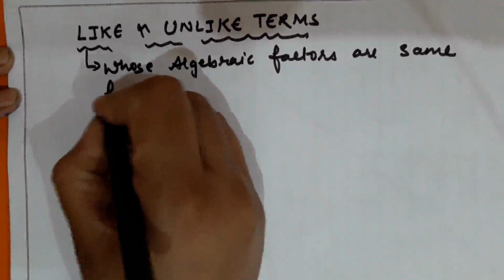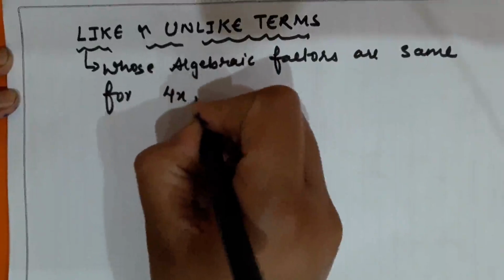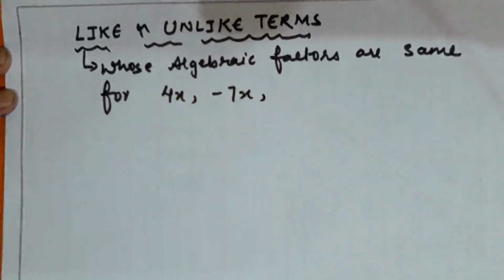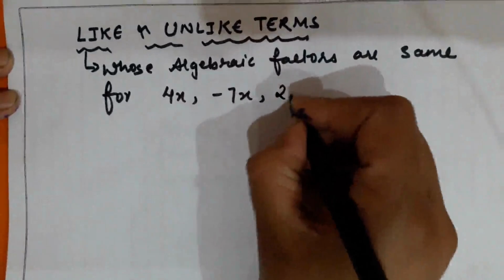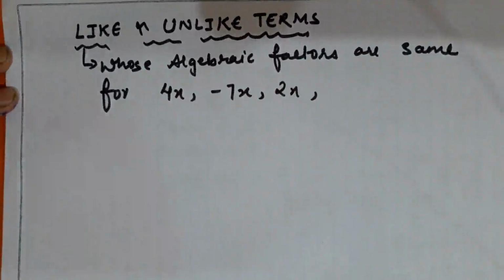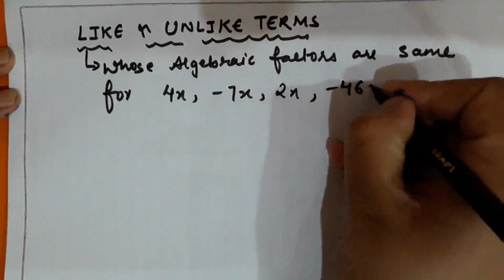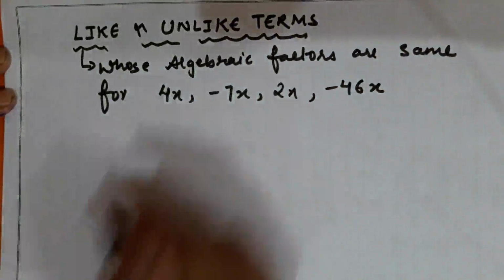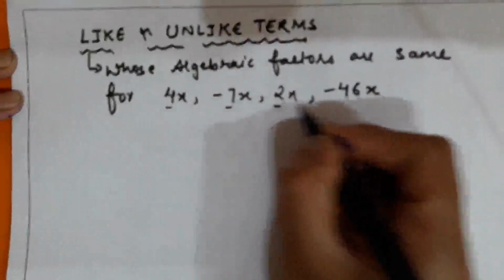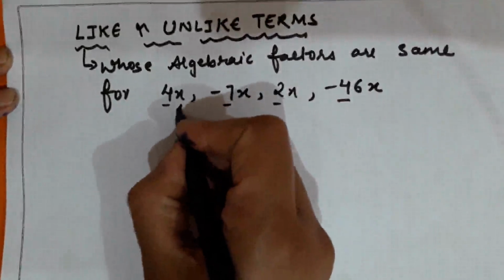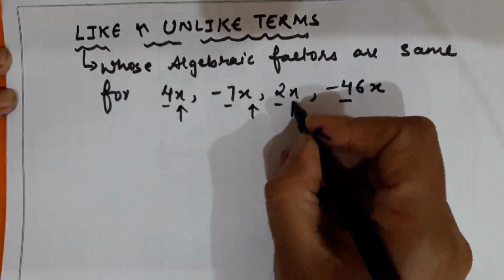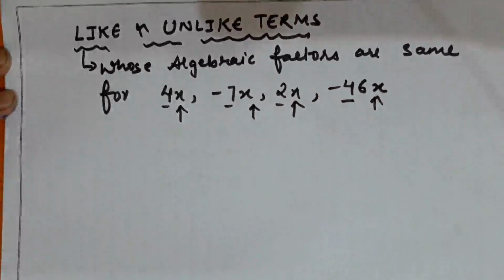Now for example, 4x, minus 7x, 2x, minus 46x. All are having different numeric values, but variables are same. All are having x variable here.